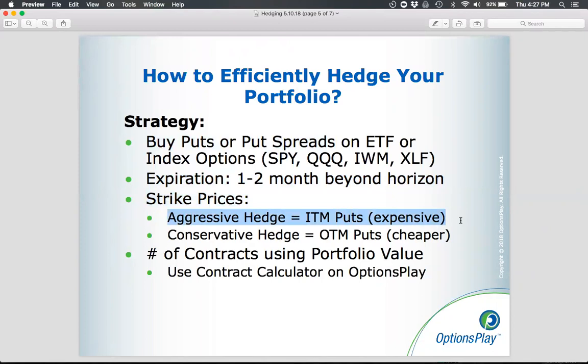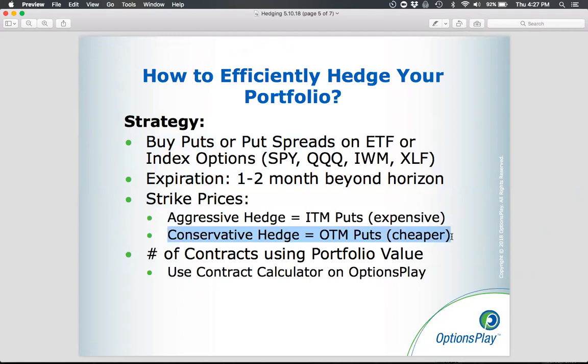If you're just expecting a modest move where you don't need dollar for dollar protection, you would use a conservative hedge by buying out of the money puts, which is a bit cheaper. Think of it as expensive insurance versus cheap insurance. It depends on what you're looking for. In the money puts give you more expensive but better protection, and out of the money puts give you cheaper but less protection.